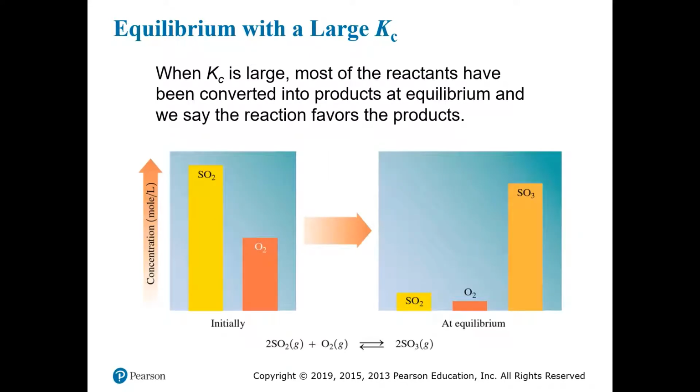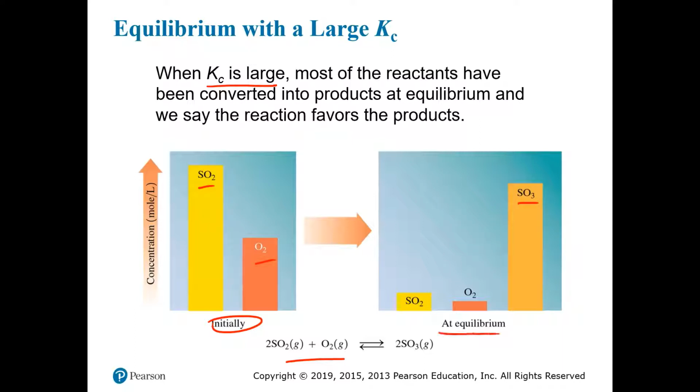These pictures illustrate this using bar graphs for the concentrations. We can see here on the left-hand side, initially we have relatively large amounts of sulfur dioxide and oxygen, the two reactants in this equilibrium equation. The fact that Kc is large tells us that over time, most of those reactants will be used up and converted into the product sulfur trioxide.